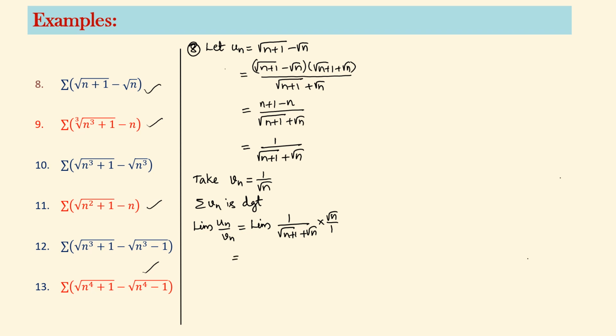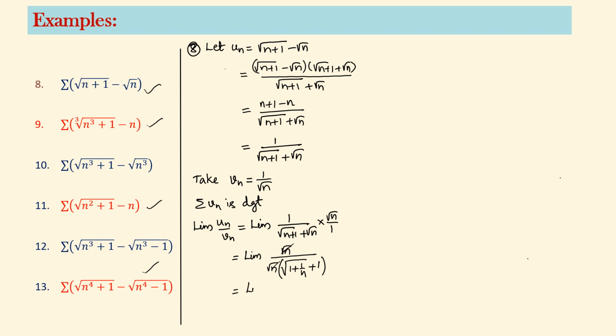Taking the highest power of n common, root n is there in the numerator, and for the denominator, taking n common from this, n will come out as root n, and this will become 1 plus 1 by n, plus taking root n common from this will become 1. So root n gets cancelled.